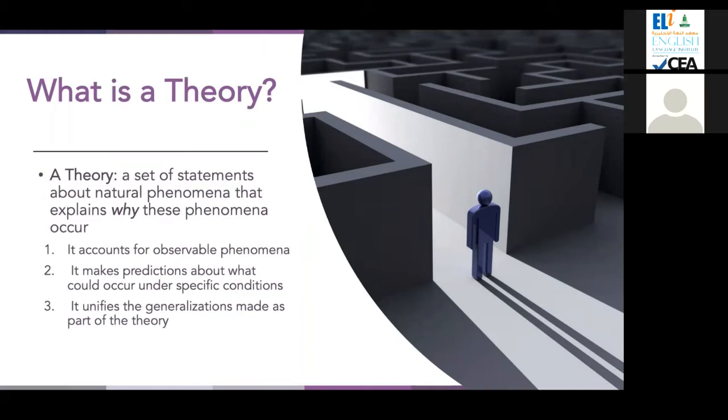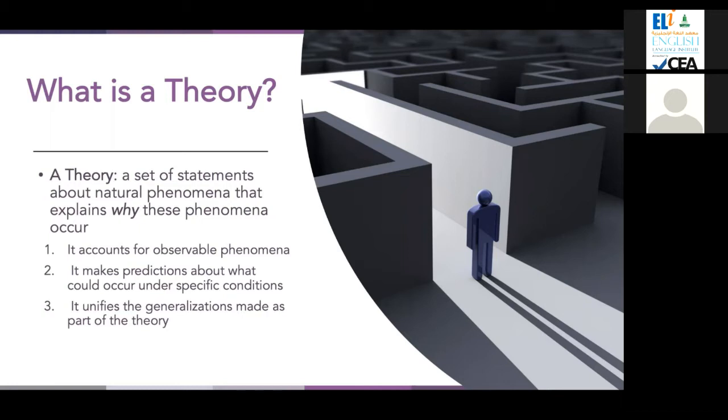Why is a key word that's always associated with the term theory. A theory in any academic research, whether it's a dissertation or a journal article, accounts for observable phenomena. We observe, for example, a certain health condition with patients that develops after taking some medication. That's an observed phenomenon.